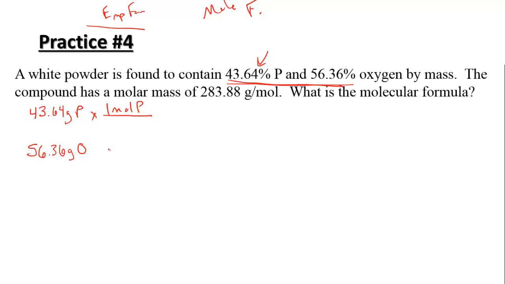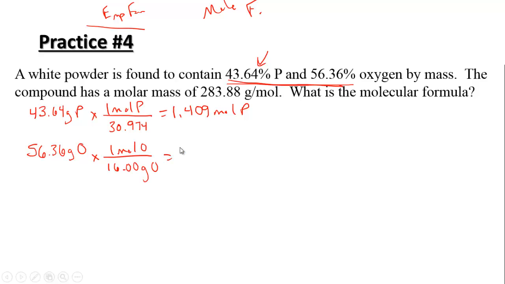And phosphorus is 30.974, and that equals 1.409 moles of P. And then oxygen, we convert that. We got 1 mole of O divided by 16.0 grams is what O weighs.